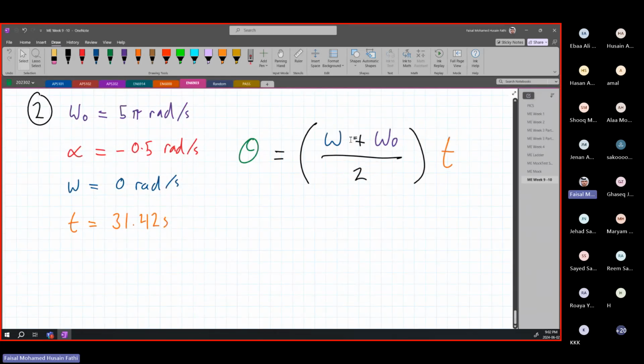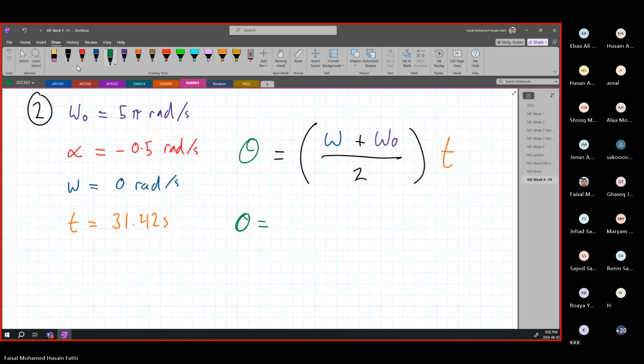We have our omega, we have our omega 0, and we have our time. So in other words, theta is equal to omega, which is 0, plus omega 0, which is 5 pi, over 2 times the time, which is 31.42.